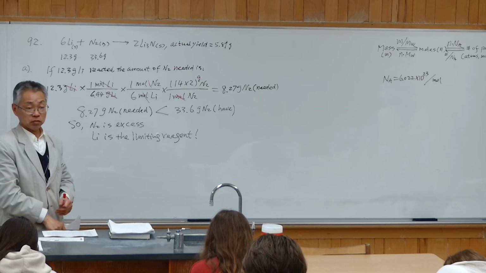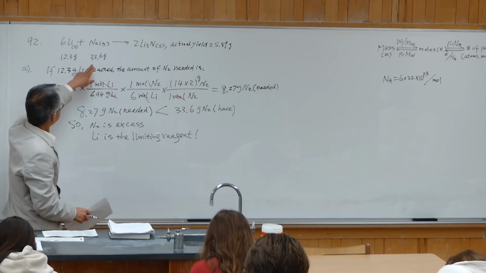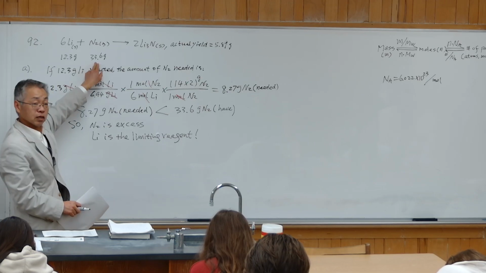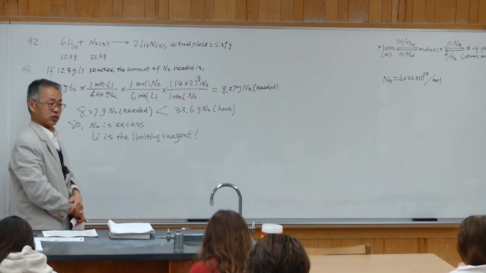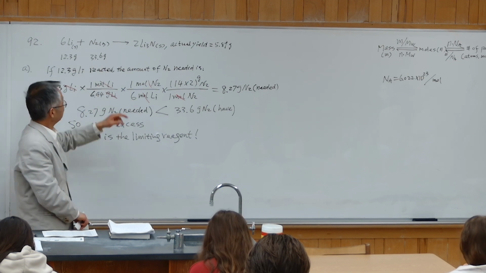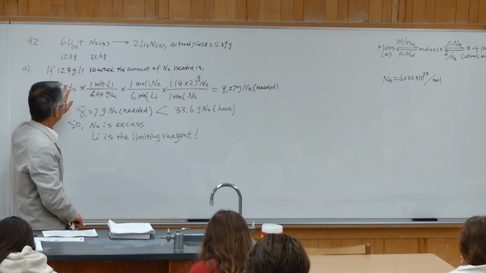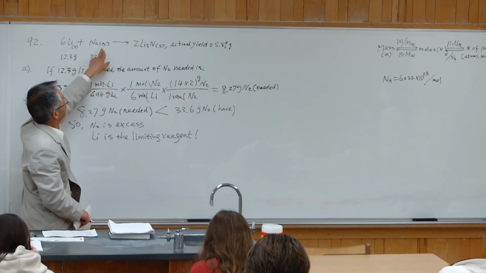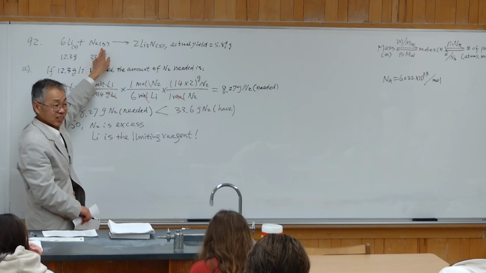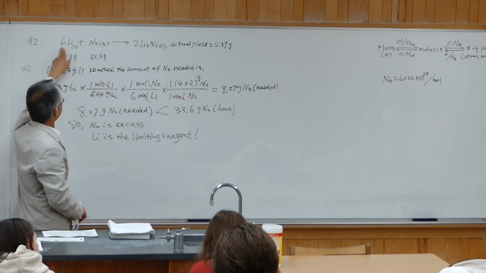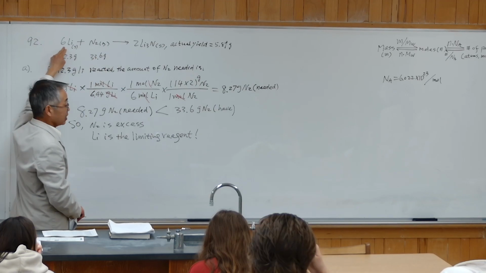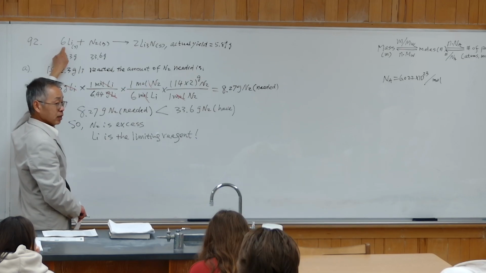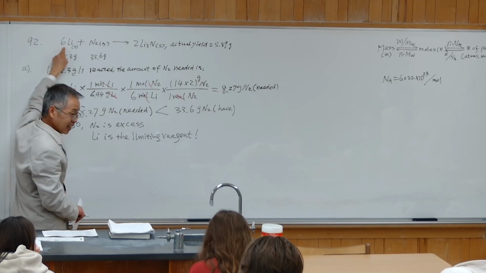You may wonder, if I happen to pick nitrogen, is the answer the same? I can assure you, the answer will be the same. If you pick nitrogen, you just follow this: nitrogen mass divided by nitrogen's molar mass gives mole, then times 6 becomes mole of lithium, then multiply by lithium's molar mass gives the mass of lithium needed.